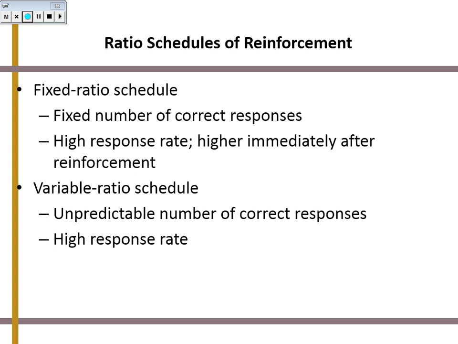Let's try this. Ratio, behavior. Interval, time. See how that works? Because that wordy stuff, y'all get all discombobulated. So let's try this. Watch. Ratio, interval, fixed, variable. If I have fixed interval, I have the same time.